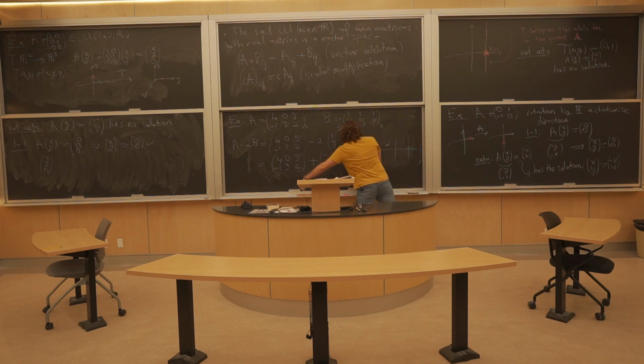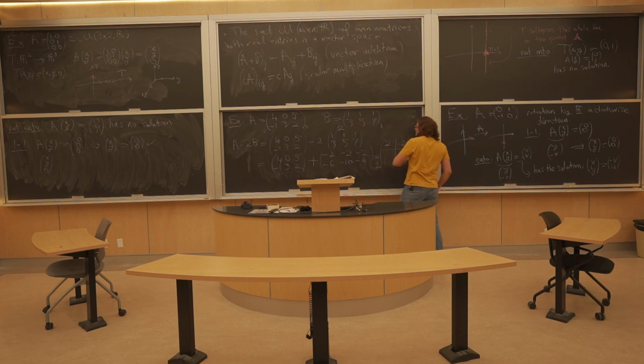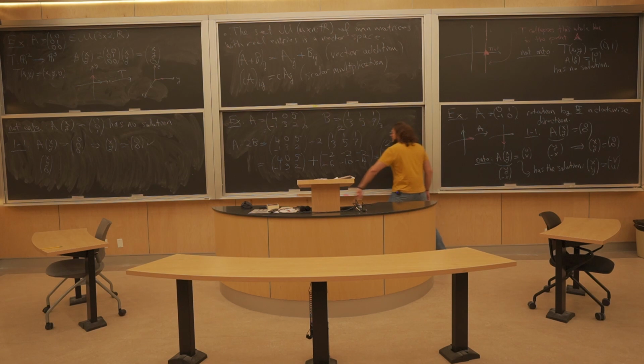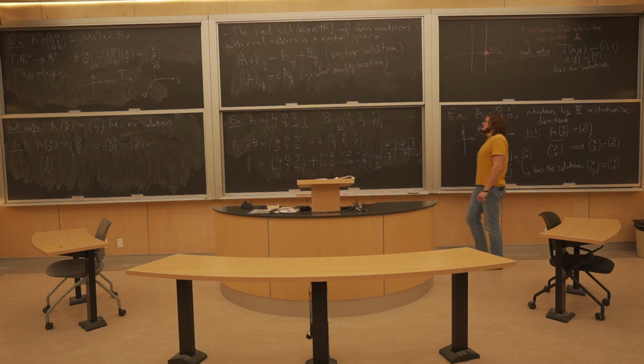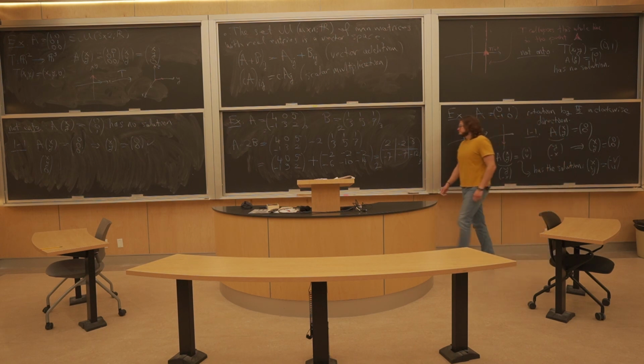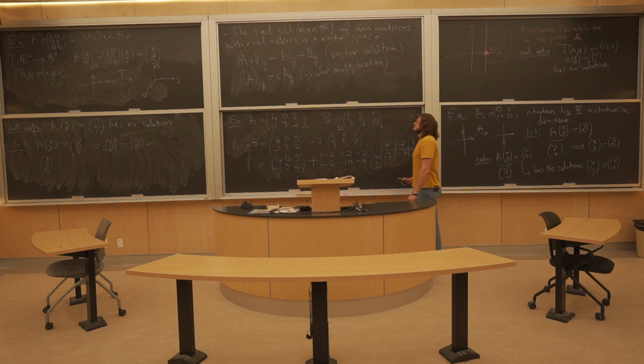Then this plus this is minus 2, and then this plus this is 3. This plus this is minus 7. This plus this is minus 7 again, and then this plus this is minus 12. Any questions about this? So this is the linear structure.